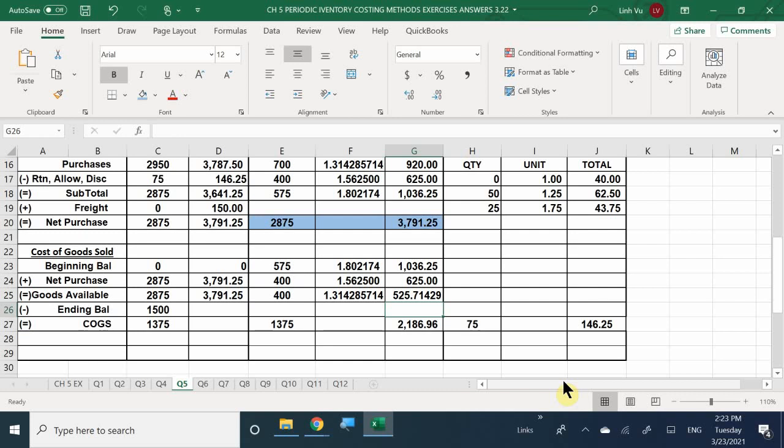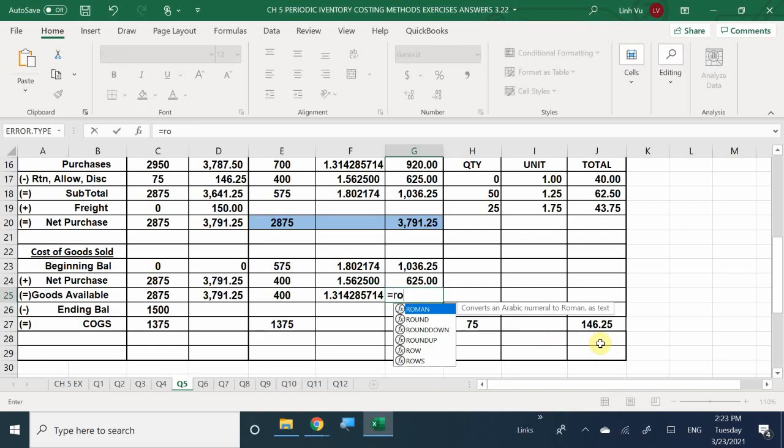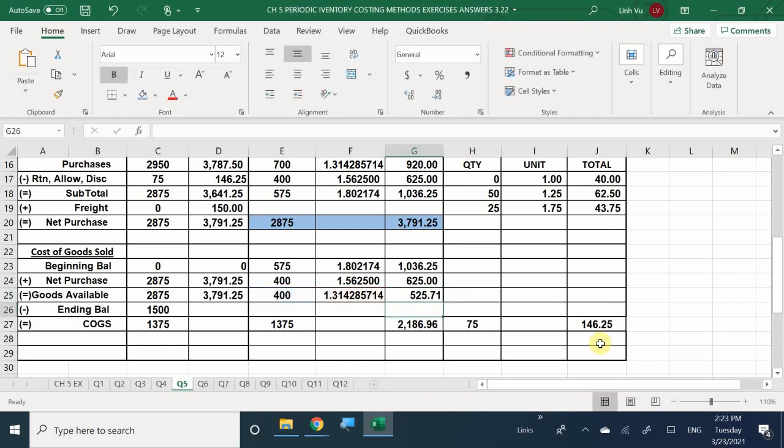It's always good that you round it right then and there, because right now it says 71,429 pennies. I want it so then I can actually properly cost it. Okay, so it is 525 and 71 cents.